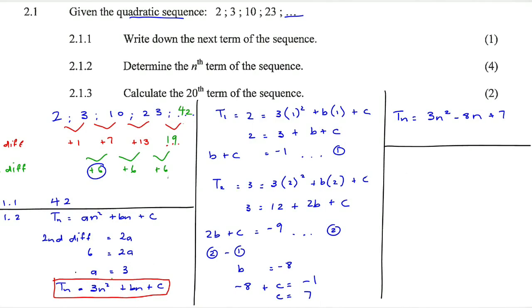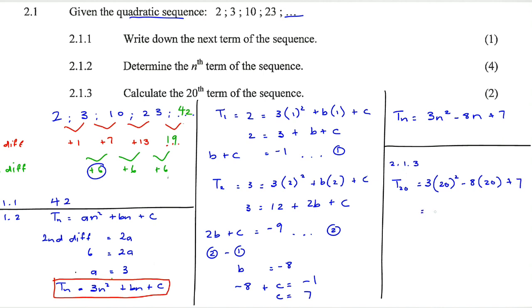In question 2.1.3, we need to calculate the 20th term of the sequence. So term 20 is equal to 3 times n squared, which is 20 squared, minus 8n, which is 20, plus 7.